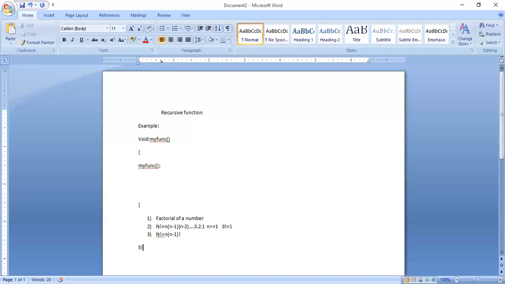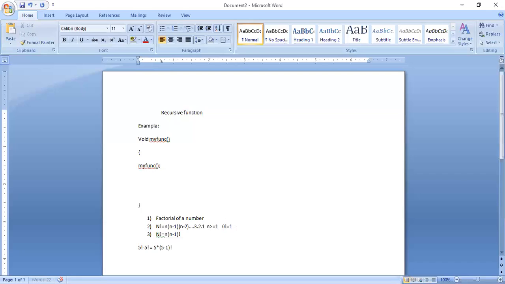Another example we are going to take is 5 factorial, which is equal to 5 multiplied by (5 minus 1) factorial.